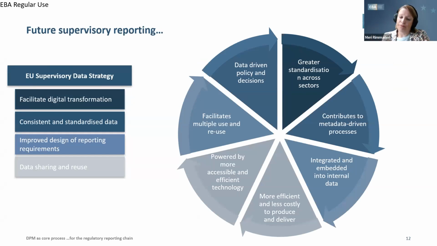But some of the key points from the EU supervisory data strategy for all financial sectors include facilitate digital transformation, to have consistent and more standardized data, improved design of reporting requirements, and increased data sharing and reuse of data to achieve these define once, report once principles, which then rely on data sharing.